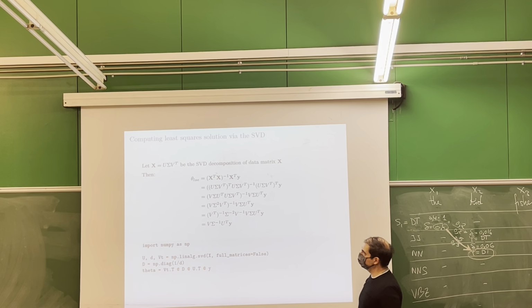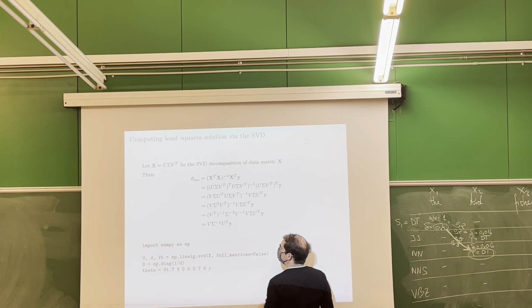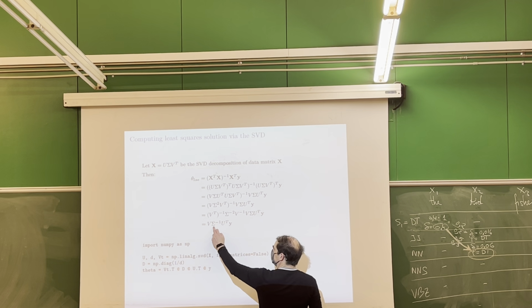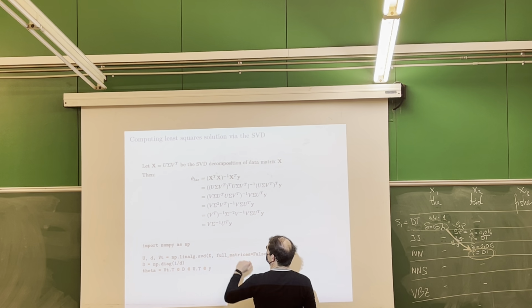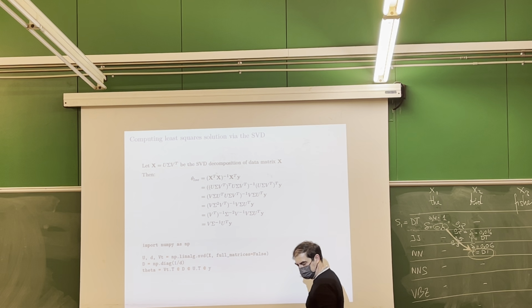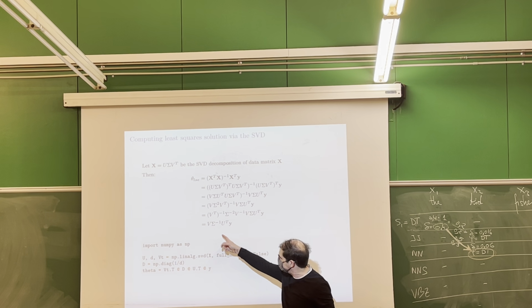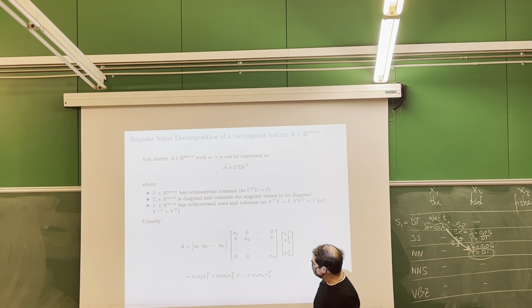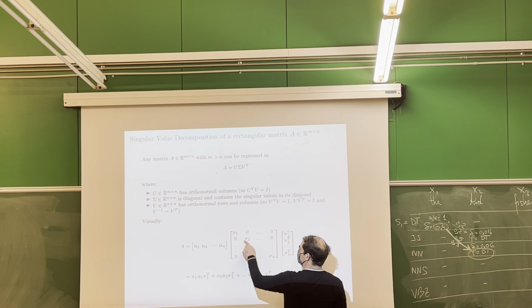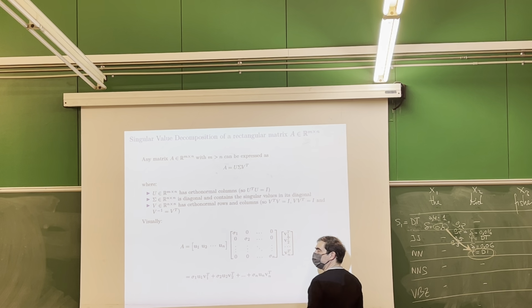So you have V, from the singular value decomposition. This is the inverse of a matrix, but this matrix is very easy to invert because this is sigma. Remember that is this diagonal matrix, and the inverse of a diagonal matrix is 1 divided by sigma 1, every other term is 0, 1 divided by sigma 2, and so on.